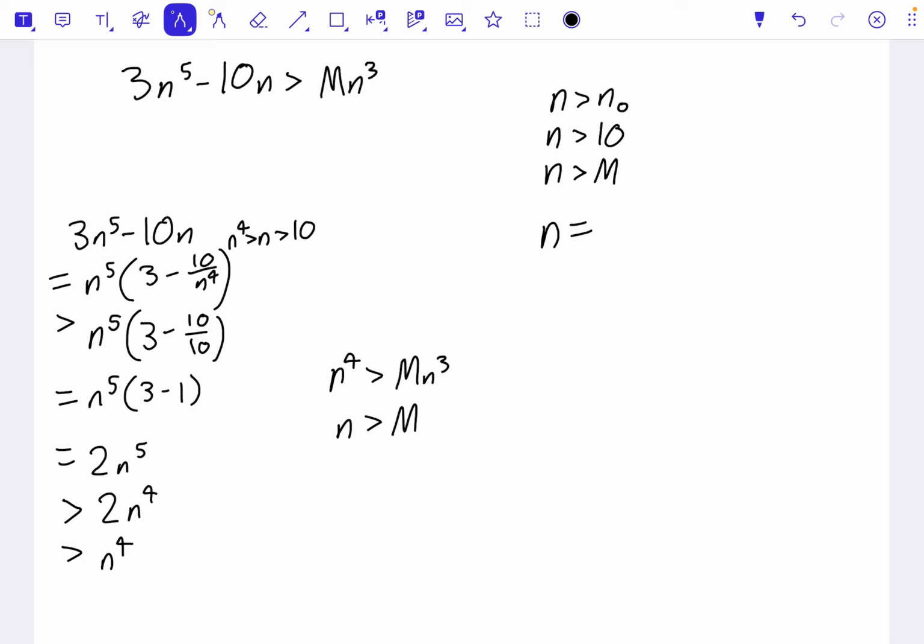So to reconcile all this, and to choose a specific value of n, since that's what the quantifier said we had to do, we're going to use max of n naught, 10, and m. We're not done yet, though.